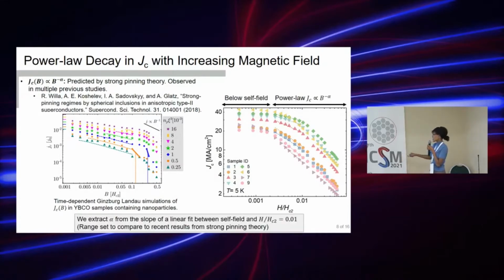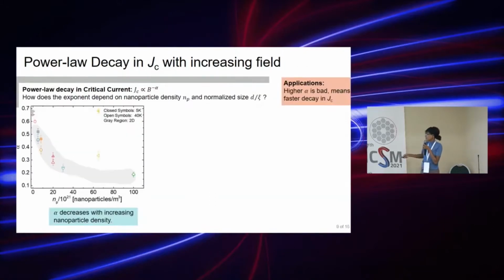So now we extract alpha from the slope of a linear fit to our data out here, and produce a plot of alpha versus nanoparticle density.